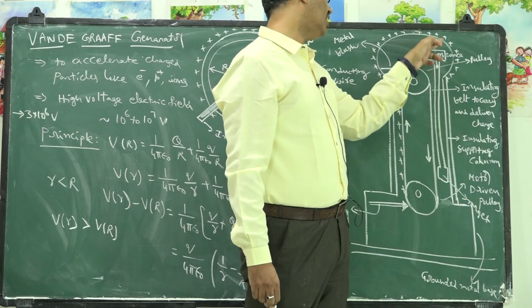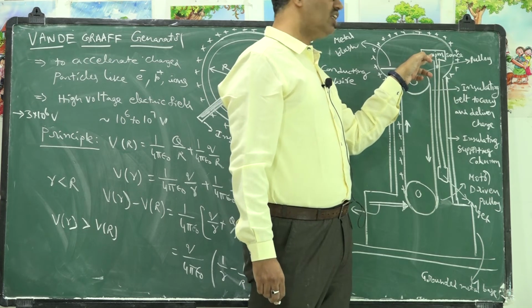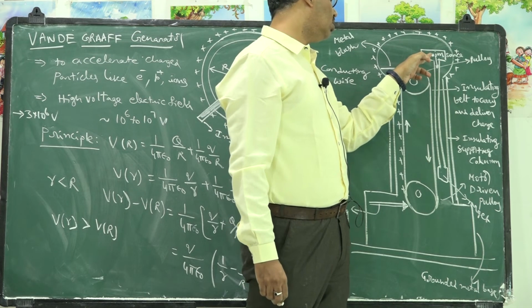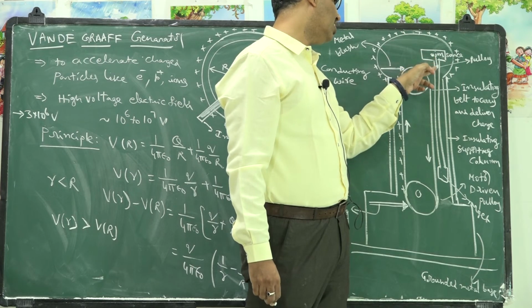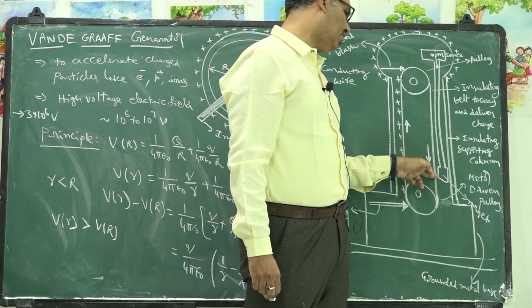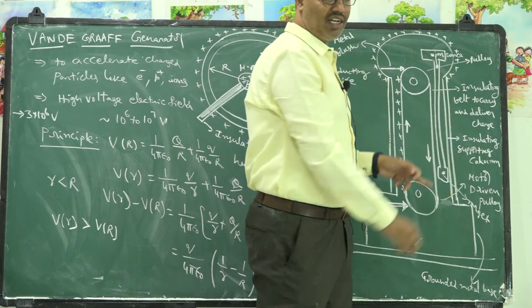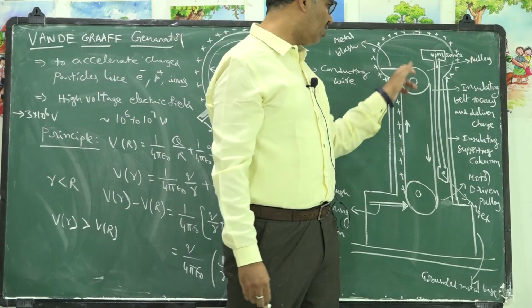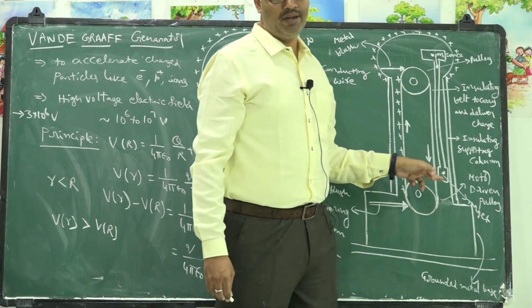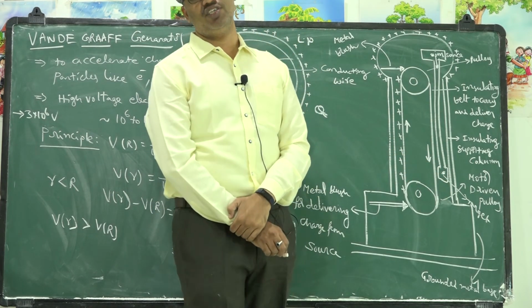This ion source experiences the high voltage electric field. Therefore those ions get accelerated. Accelerated ions come and hit the target. The target element is here. This part is not necessary and is not shown in the textbook, but for your understanding I explained it here. So this is the principle of the Van de Graaff generator.